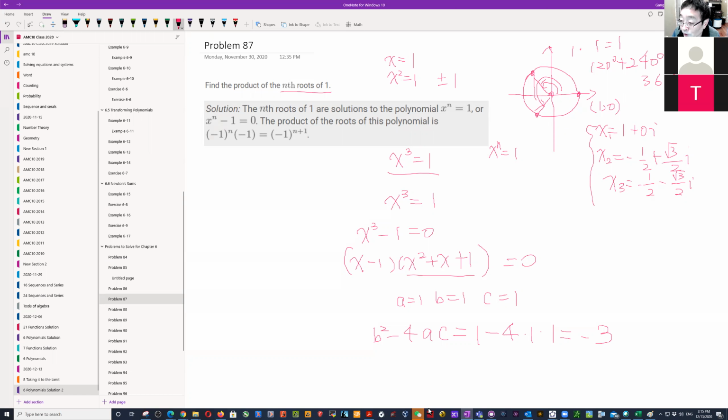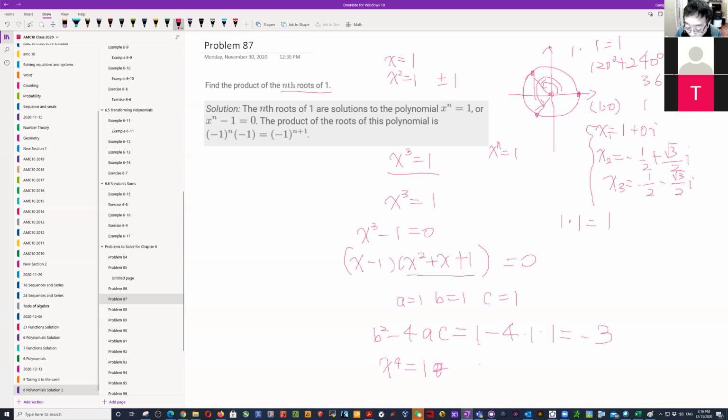So the three roots of the cubic equation are 1 and those two complex numbers, and the product is just 1. Given the nature of this, x to the fourth equal to 1 will have four solutions: +1 and -1, positive i and negative i.